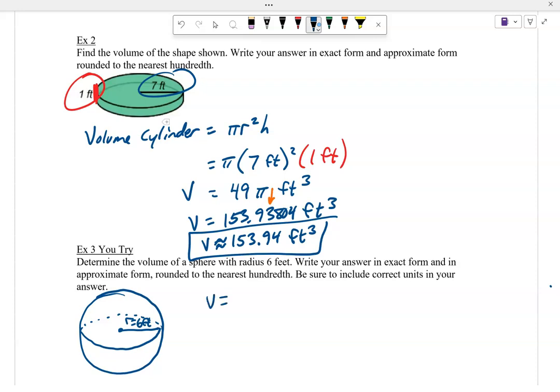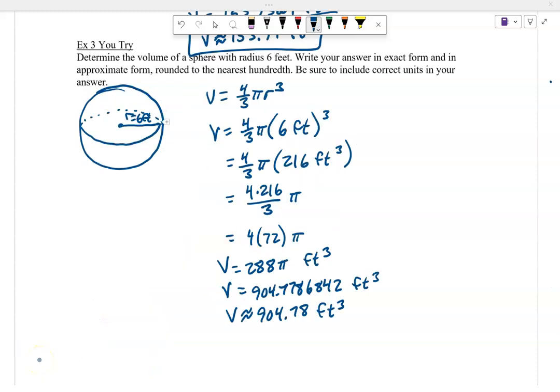So go ahead and use your volume of a sphere formula and try that. So here's the work on the rest of that. You guys just make sure you punch in your radius on this, which is 6 feet. Of course, 6 times 6 times 6 is your 216. 216 divided by 3 will give you that 72, or however you want to punch that in. But you get 288 pi, and then use your pi button.